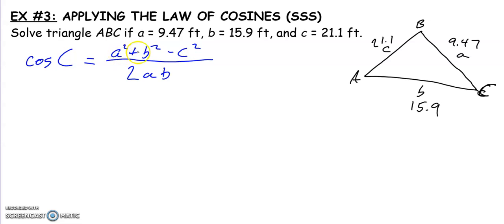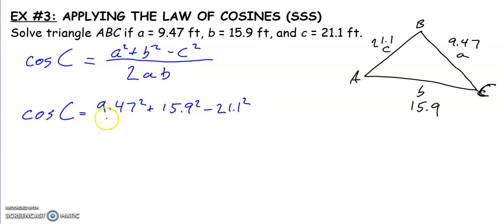We know the length of side a, side b, and side c, and that'll let us find angle C. So the cosine of angle C equals 9.47 squared plus 15.9 squared minus 21.1 squared, all over 2 times 9.47 times 15.9.